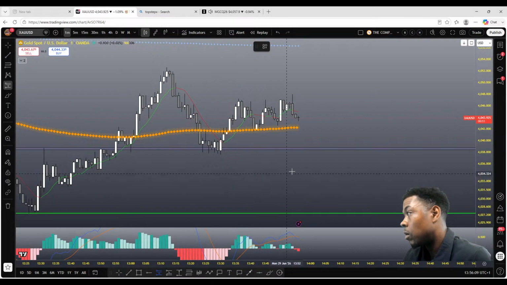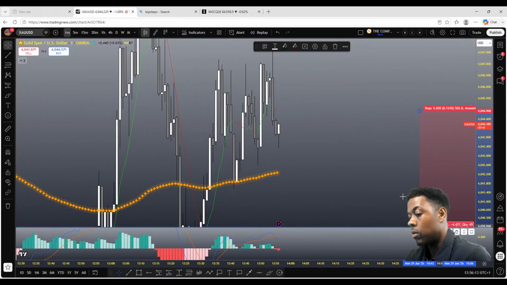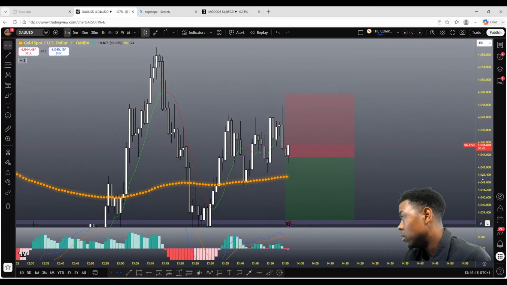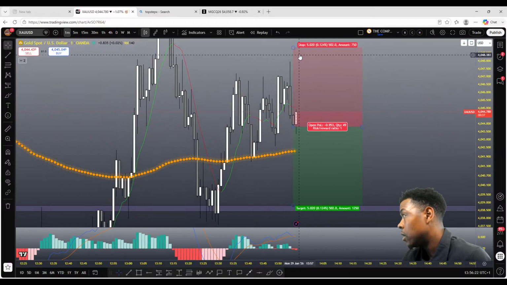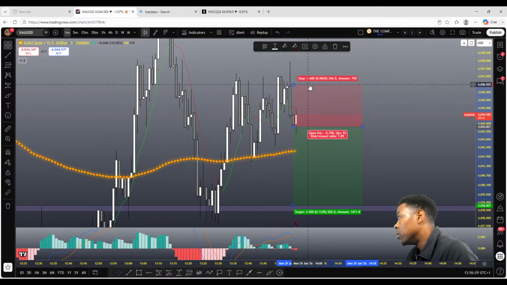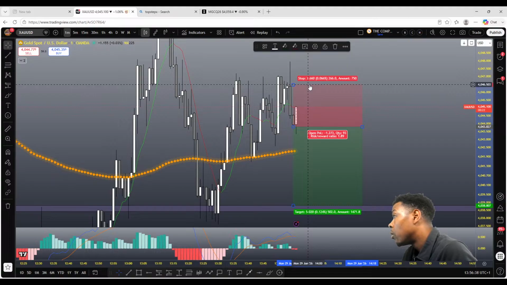Order filled. This can do the same thing, but the stop loss might have to be a bit high. 44.06.5. Price might be moving choppy around there. 44.46.5.